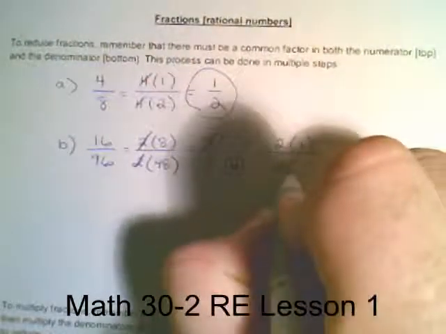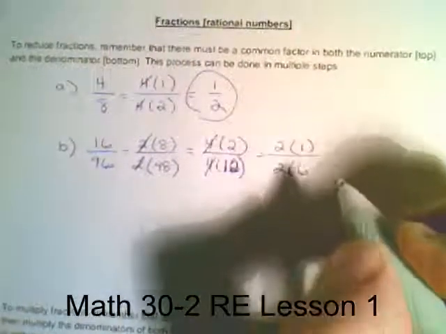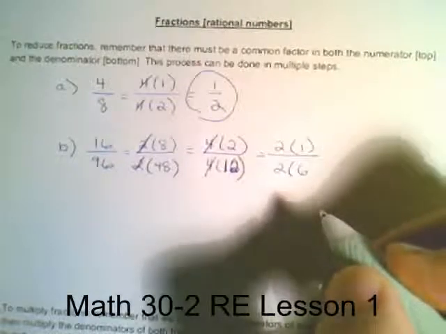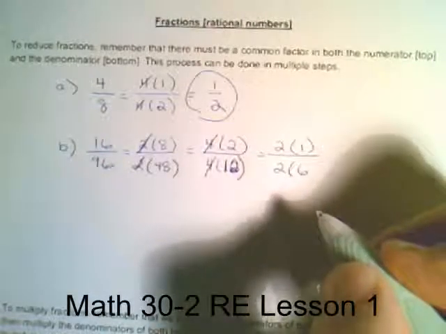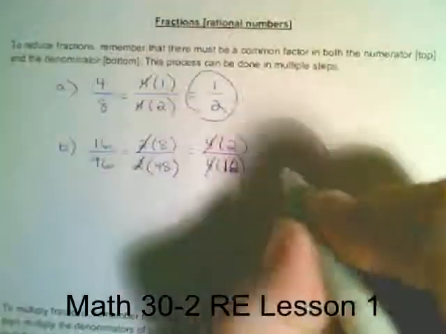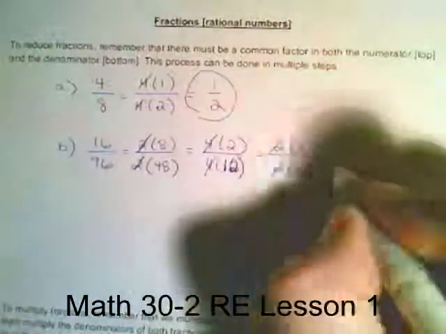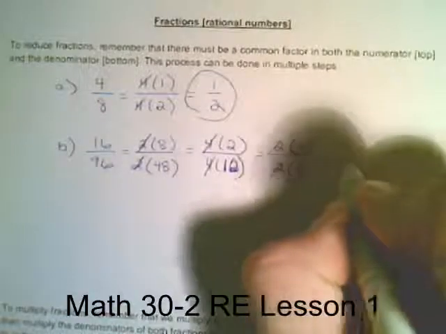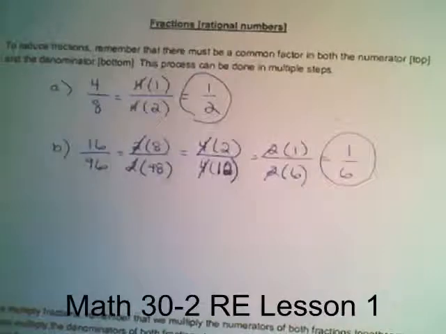So I can pull out a 2, to get 2 times 1 in the numerator and 2 times 6 in the denominator. So I reduce top and bottom by 2, and I get 1/6, provided I've done my math right here. And that's how I get an expression for that. I've reduced these fractions.